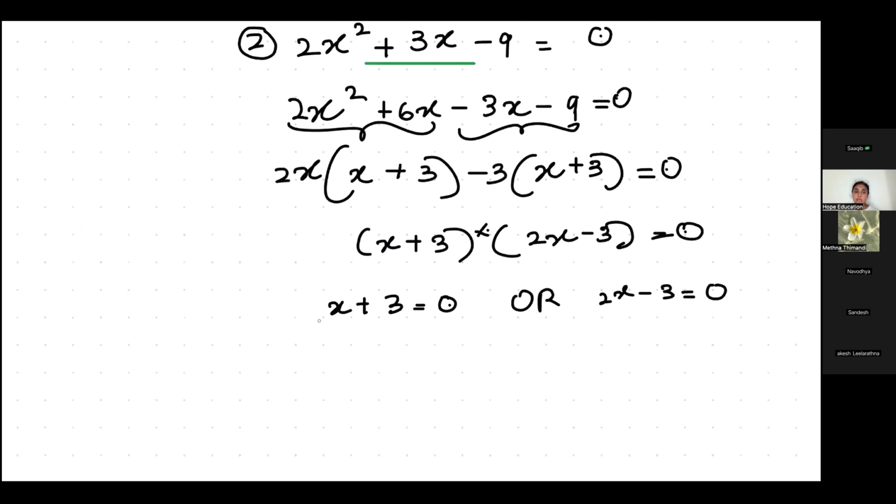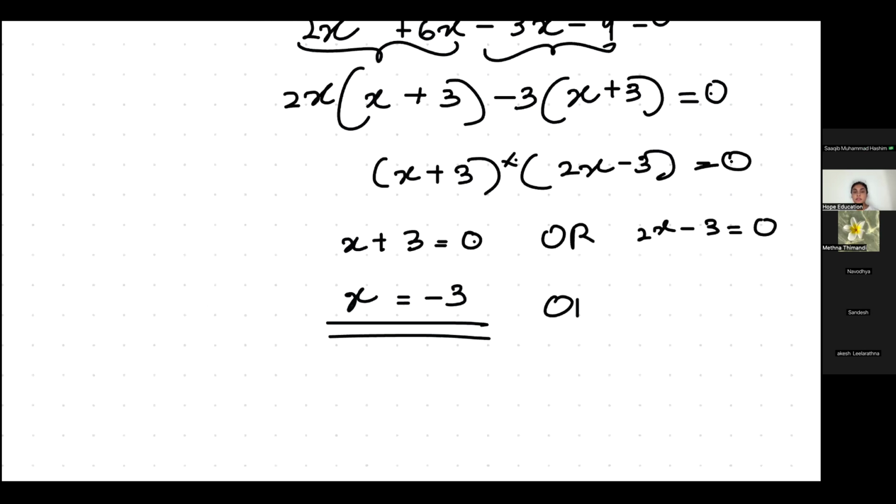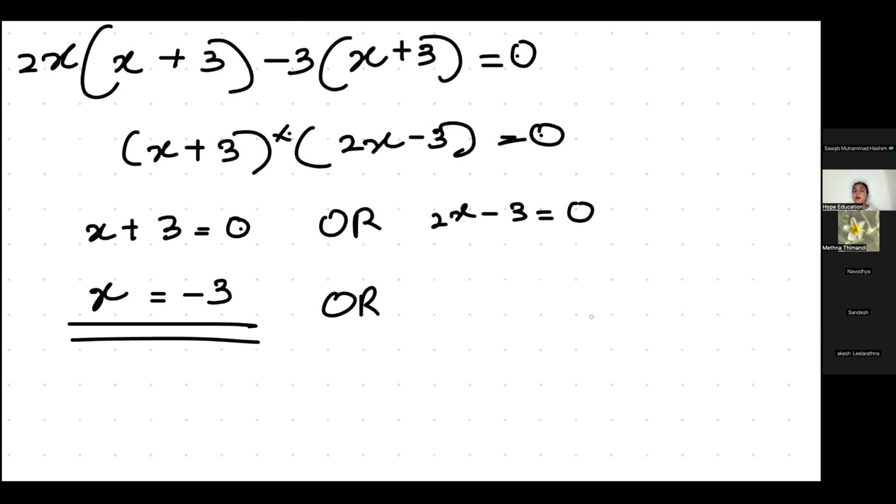Taking this one, x equals plus 3. When I bring it to the other side, it becomes minus 3. Or here 2x, this minus 3, when I bring it to the other side, it becomes plus 3, right?